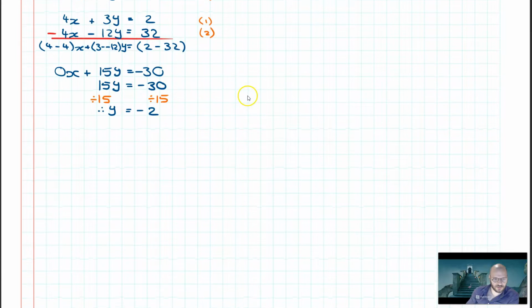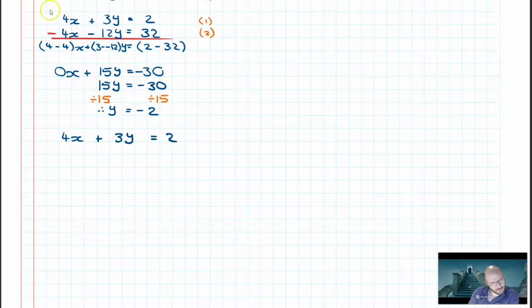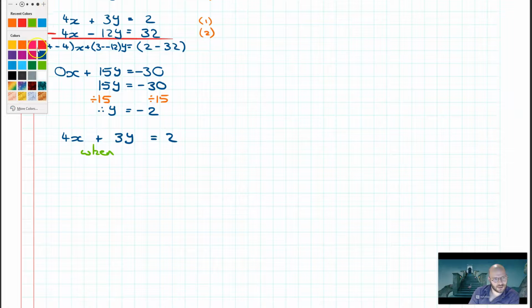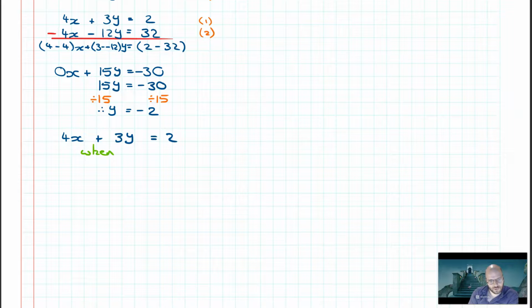Now using this value of negative 2, I don't really need to write that. Rather, I can just grab one of my equations. In this case I'll grab the modified equation 1 so I don't have to scroll upwards on the screen. I communicate the fact that I am substituting in a value for y. Very important to communicate that.